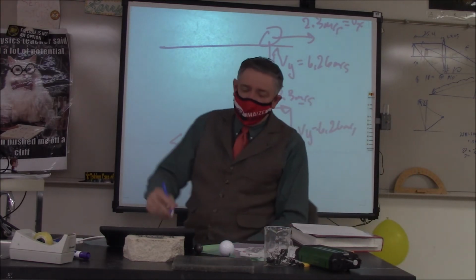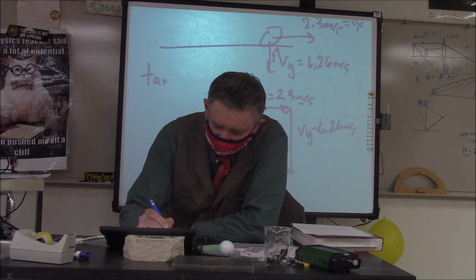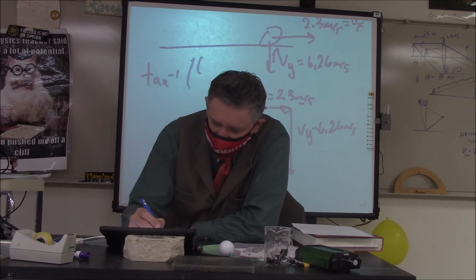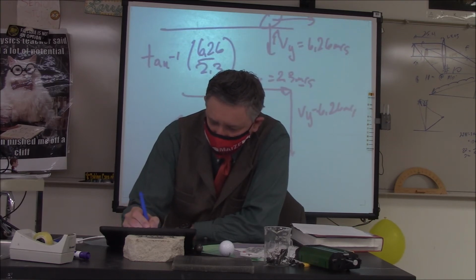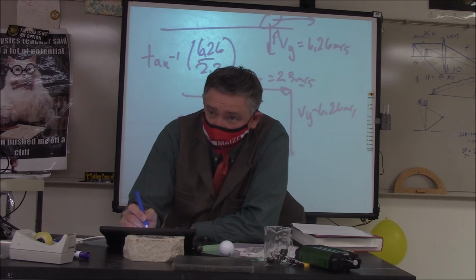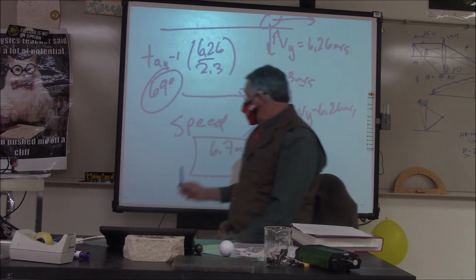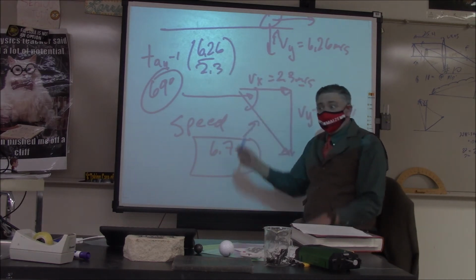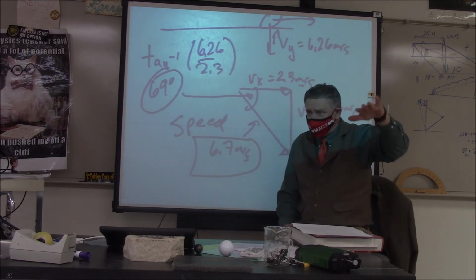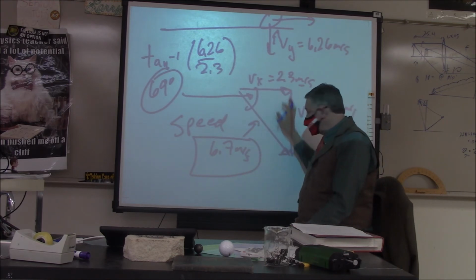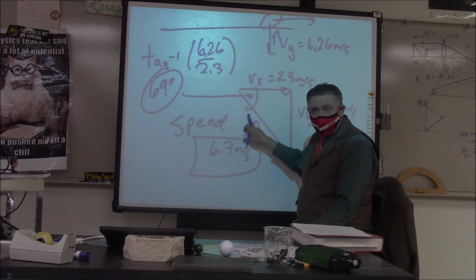So Matt, let's do the inverse tangent of 6.26 divided by 2.3. 69 degrees. On the lab, you roll a marble down a ramp, you're going to have a Vx and a Vy, and you want to find that angle.